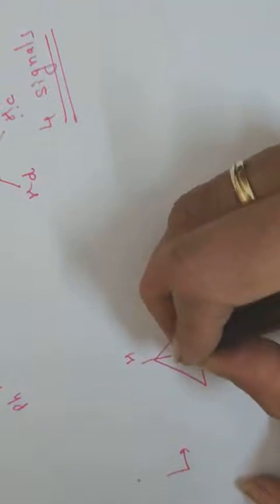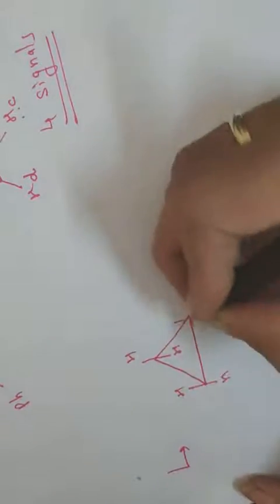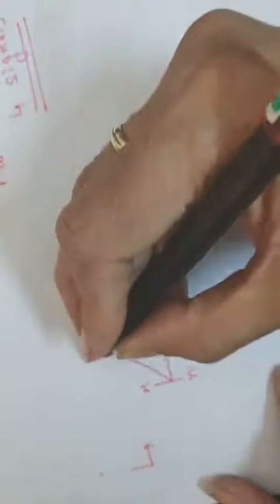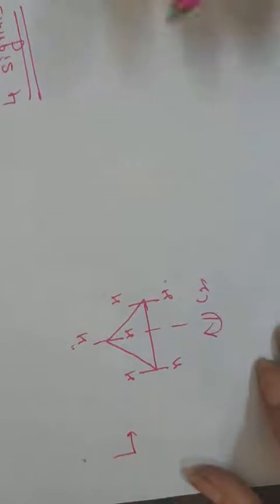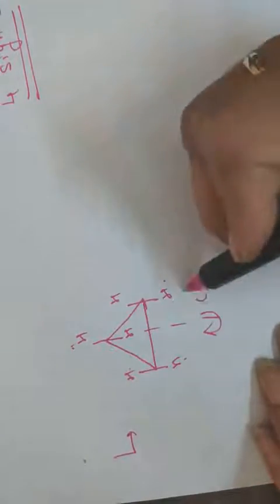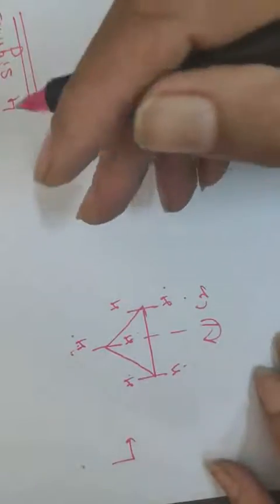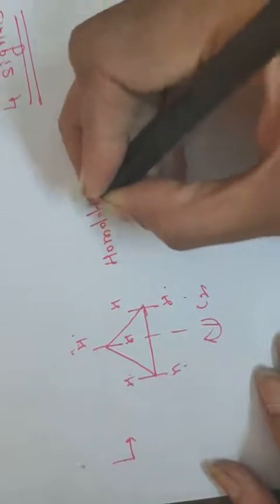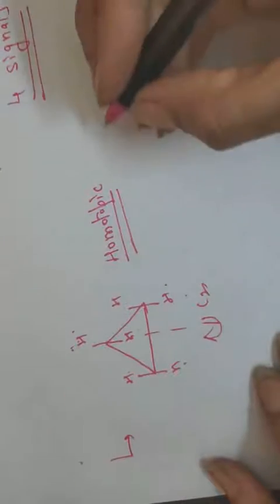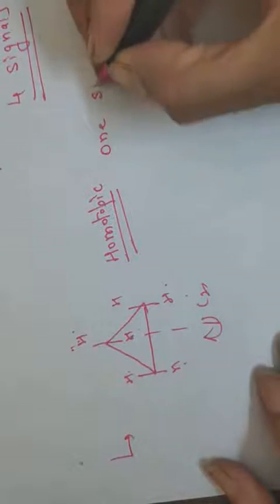So this and this are mirror images of each other. So all the protons will be homotopic in nature. This is H, H, H and H, H and H. You can pass a C2 axis from here. With this C2 axis, all the protons will be interchanged. This will come here, this will go here. So the structure is similar to the previous one. The protons will be homotopic in nature, and we know that homotopic protons give one signal in the NMR spectrum. So how many signals will it show? One signal.